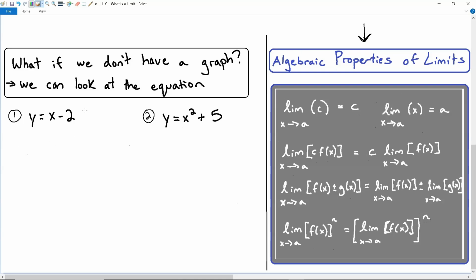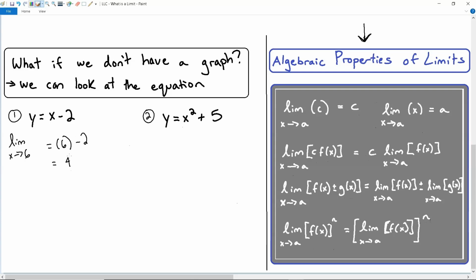So y equals x minus 2. And let's use the same example that we had last time. So let's say we want to look at the limit as x approaches 6. We already saw on the graph that our answer is going to be a 4. And what we can do here is I can literally just plug in my value of 6 for x and get the same answer.